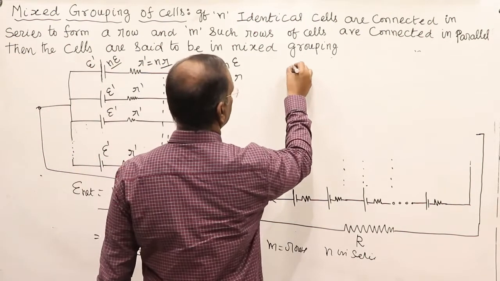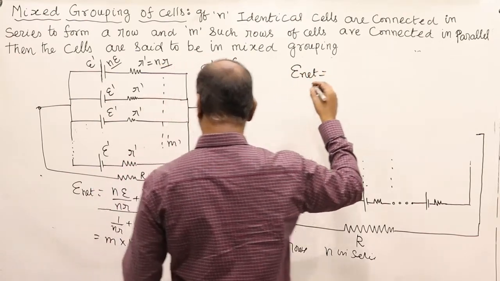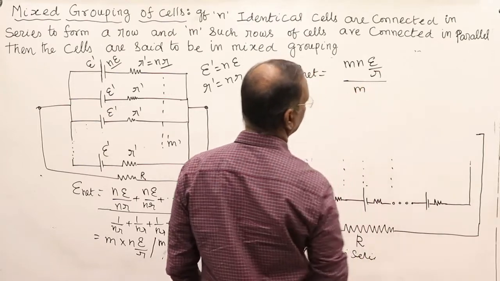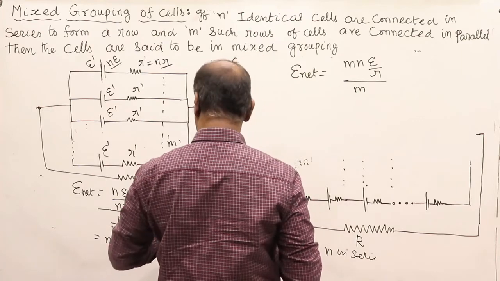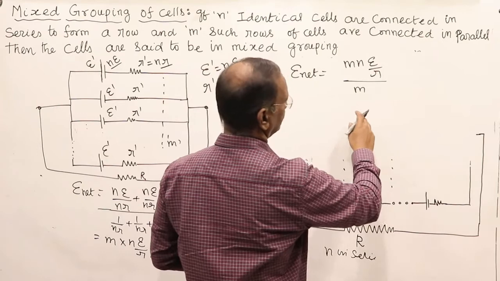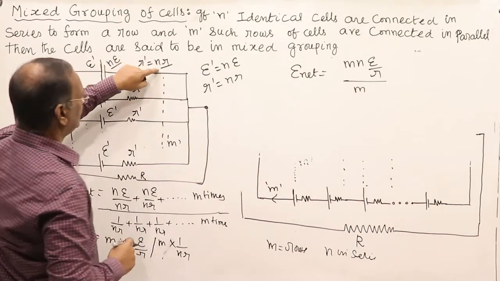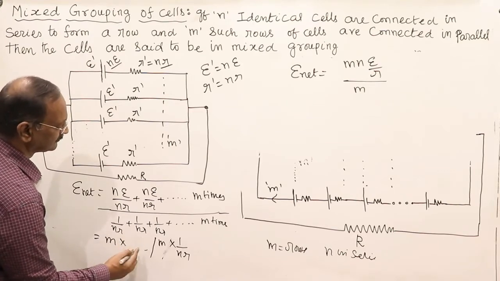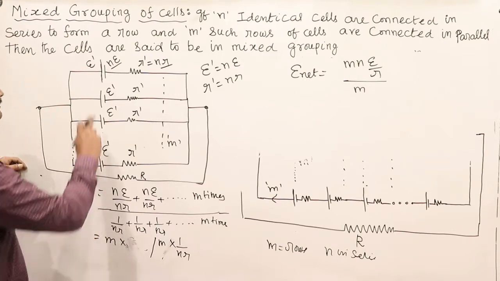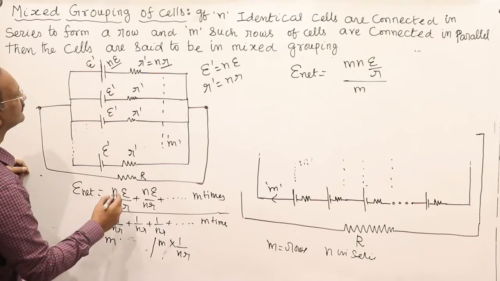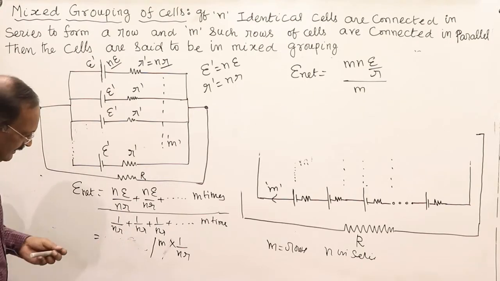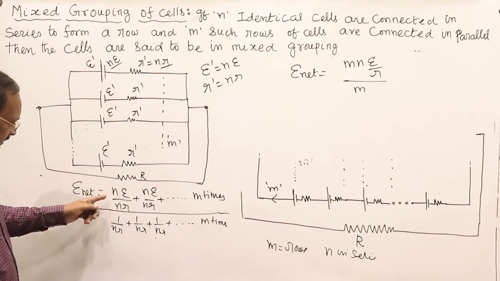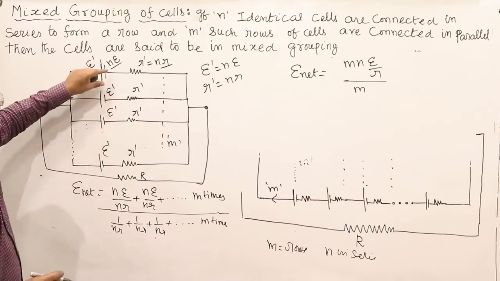So E net is equal to m times nE by nr divided by m times 1 by nr.